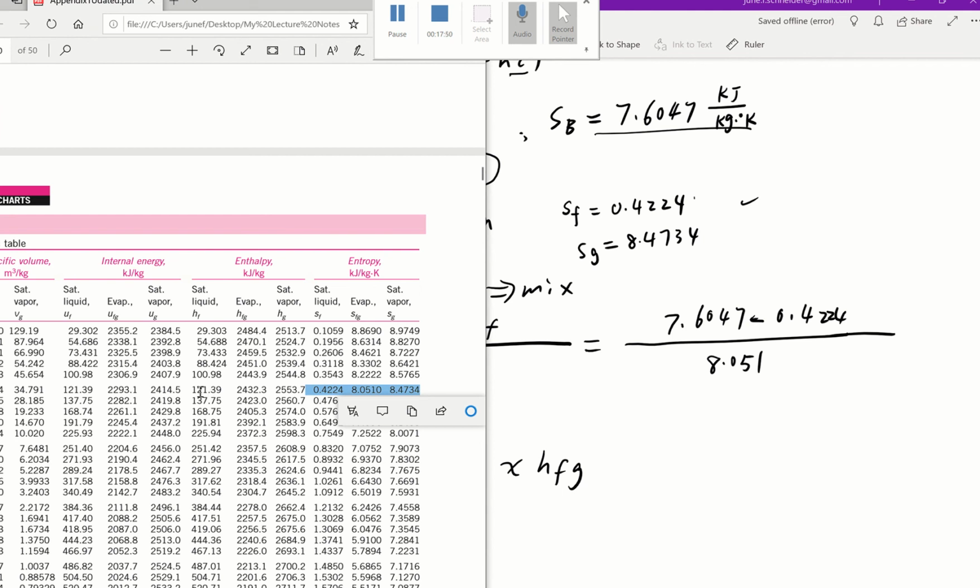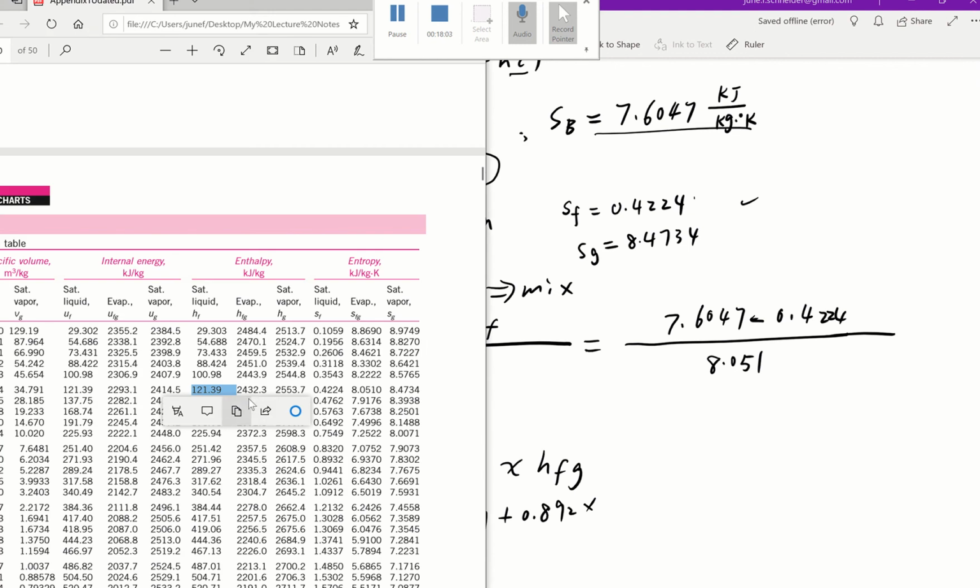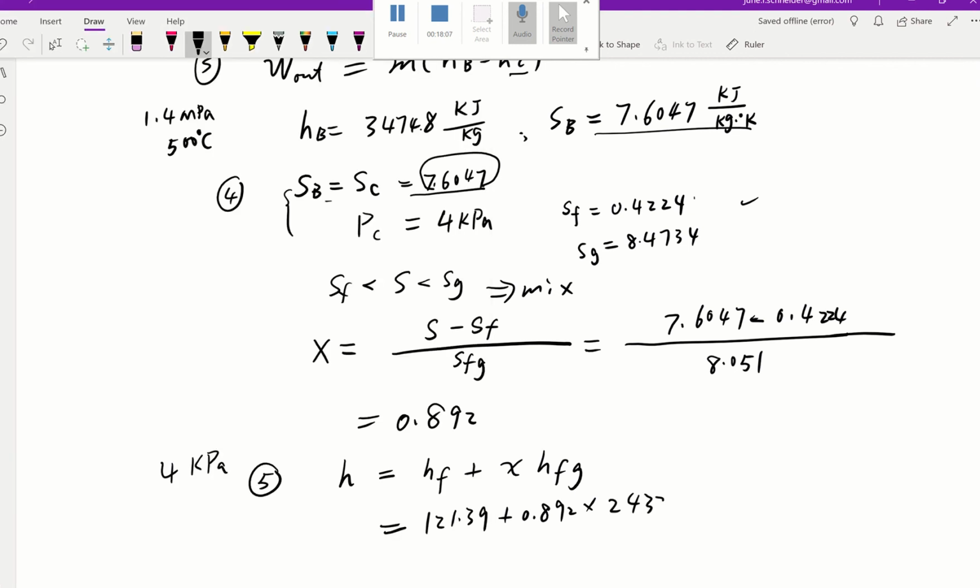Our HF for that is 121.39, our X is 0.892, and our HFG is this value, 2432.3.